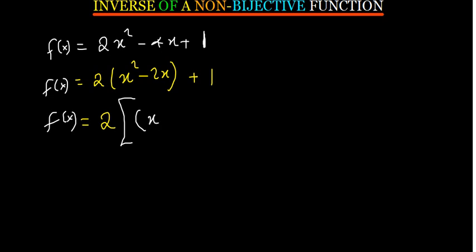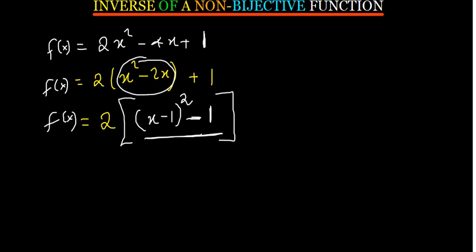And then I'll find half of negative 2, which is negative 1. I'll put a square. And then please always subtract the number you get, negative 1 squared, that will give you a 1. Then close the bracket. This part inside here is the same as this part inside here. And then at the end, write a positive 1.